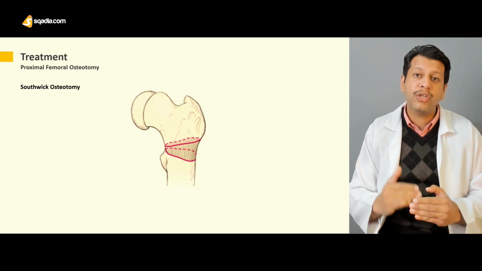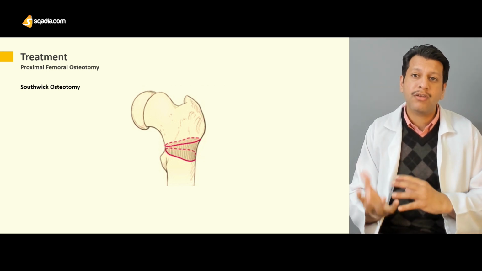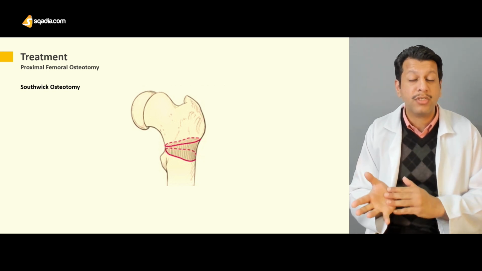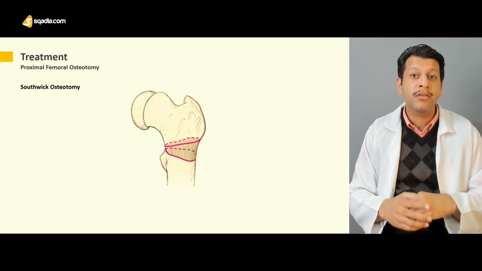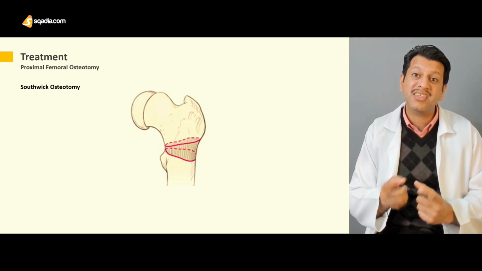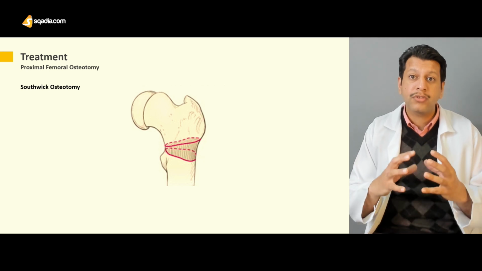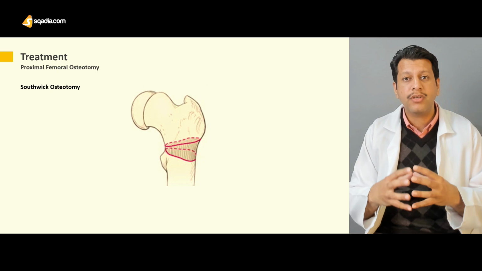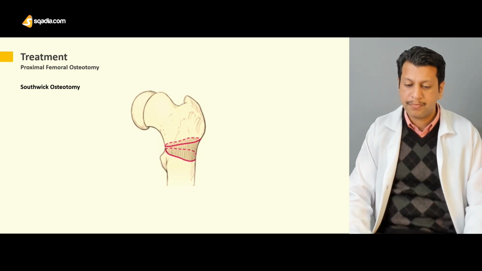So you have to perform a valgus angulating osteotomy to correct the varus which has been produced at the proximal femur. Similarly, you have to produce a flexion producing as well as external rotating osteotomy, because that would actually correct the internal rotation which is actually deficient at the level of the proximal femur.